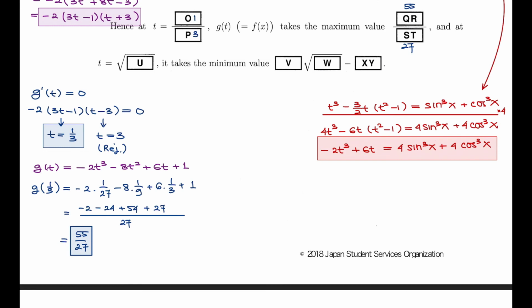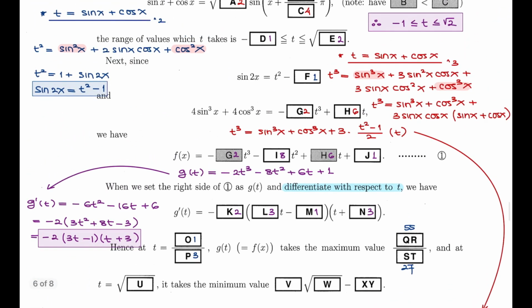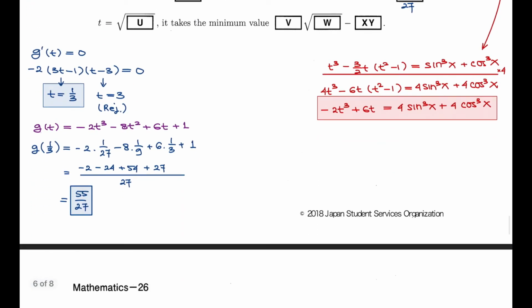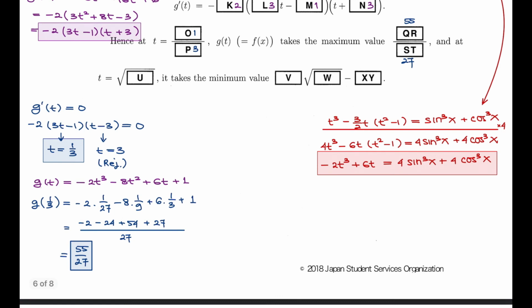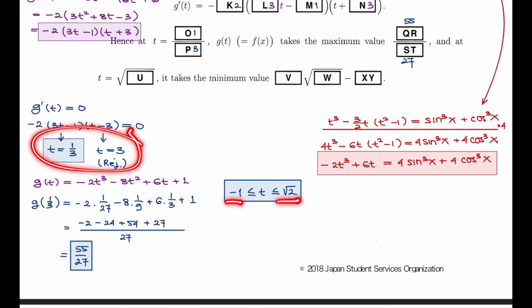So stationary point and the endpoint are the possible points to obtain the maximum and minimum value. What is endpoint? The endpoint is the maximum and minimum value of t. This is our endpoint, negative 1 and root 2. Negative 1 less than or equals to t less than or equals to square root of 2. This is the endpoint. Negative 1 and root 2. This is the stationary point.